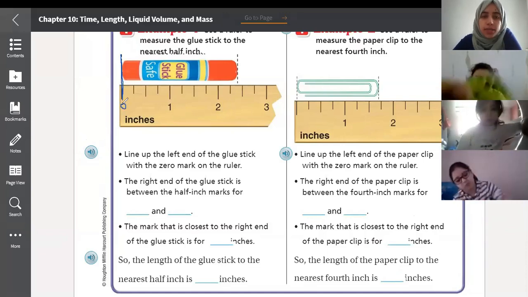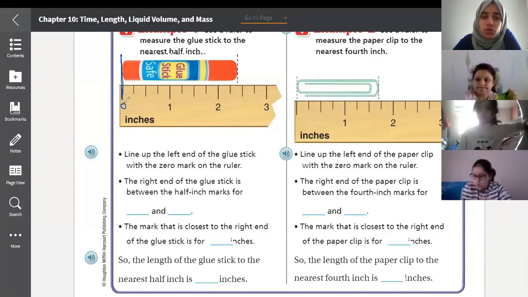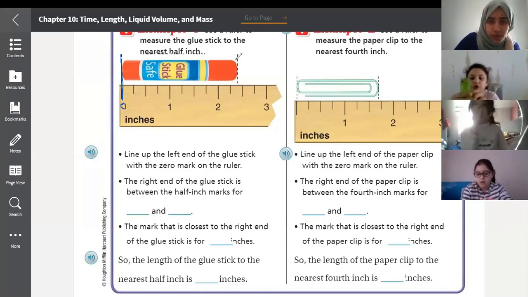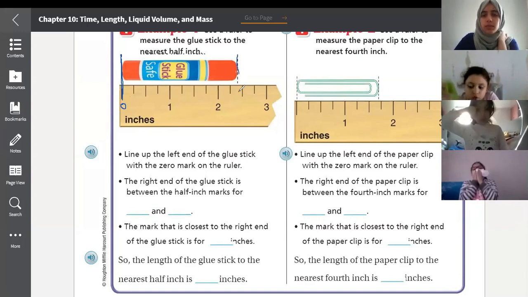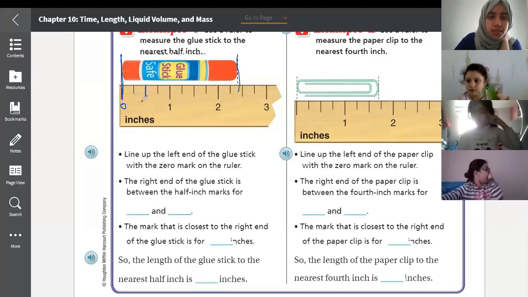Always start measuring with 0. So the object needs to start at 0 to find an accurate number. Here, notice how this line is bigger or longer than the ones next to it because it represents 0.